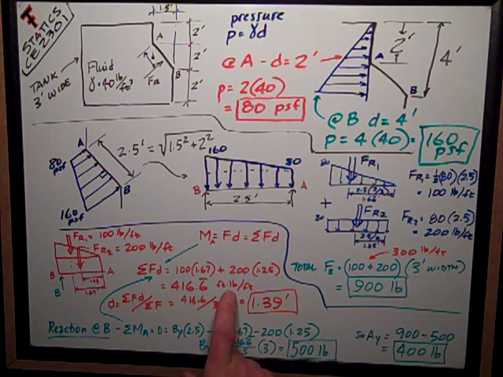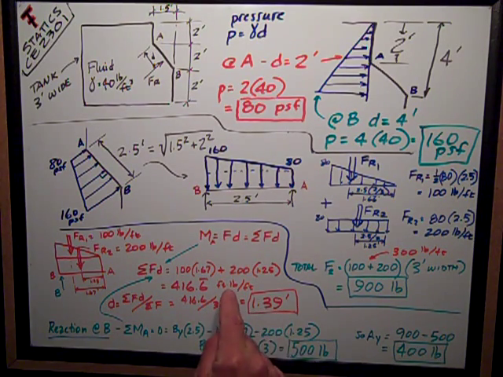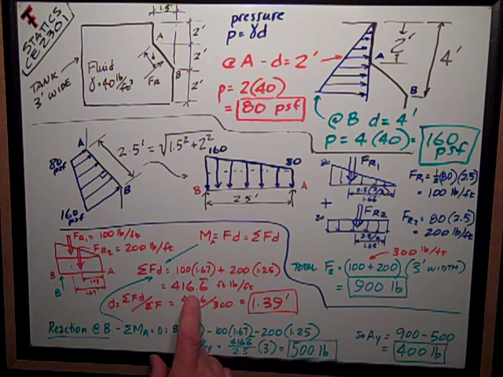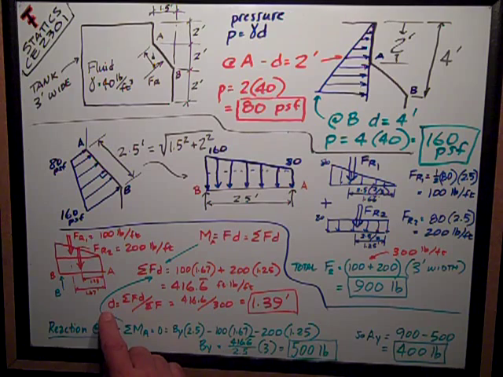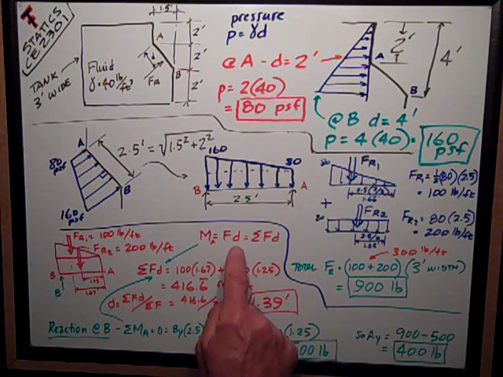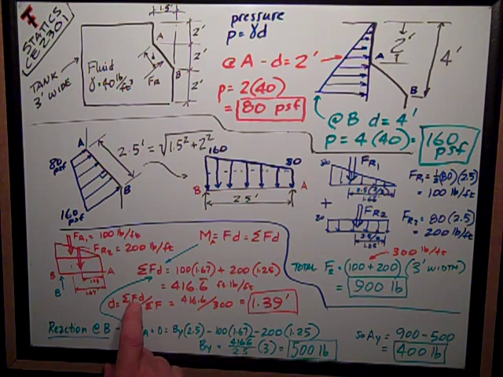It's 416.6 repeating foot-pounds per foot. I've written it that kind of strange way because I've got pounds per foot times that distance of feet. So my D distance, remember that D is the sum of the forces times their distances divided by the sum of the forces.